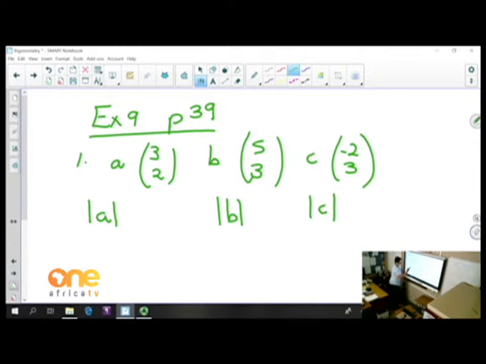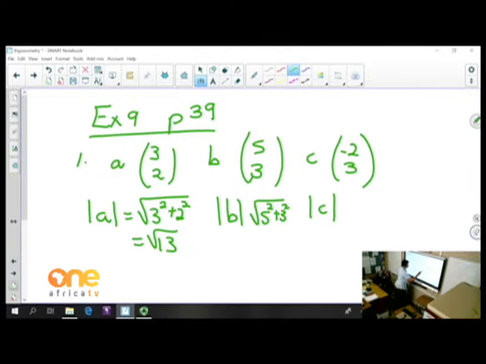And this is Pythagoras. So it will then be 3 squared plus 2 squared, which is equal to the square root of 13. You can get the value there, or you can give the answer like that. Now, B will then be 5 squared plus 3 squared. And that is the square root of 34.